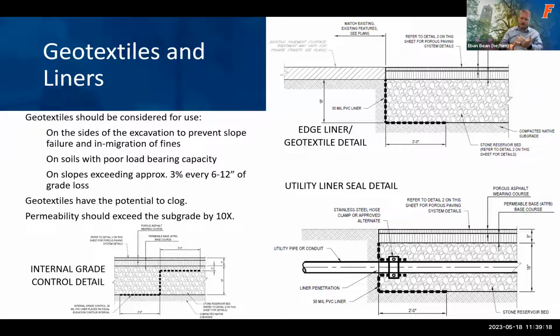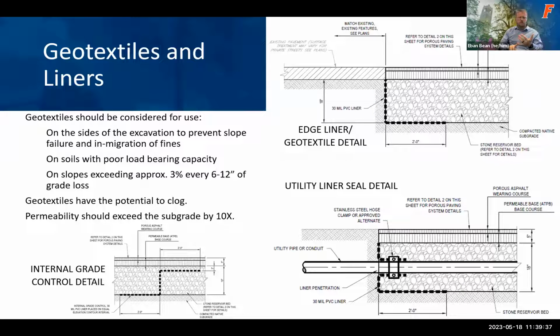But geotextile always has the potential to clog. So again, it's really important not to have any fines in the aggregate of the reservoir course, choker course, or bedding course that comes in, because they can collect at that threshold and seal it off.